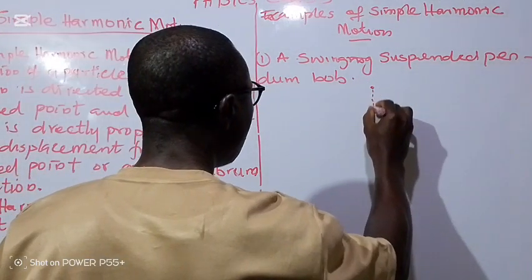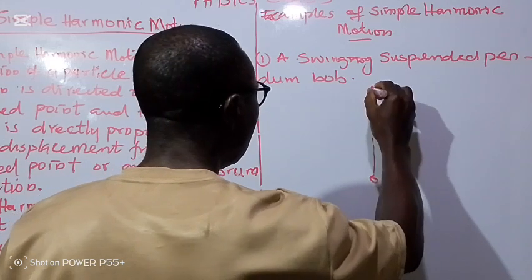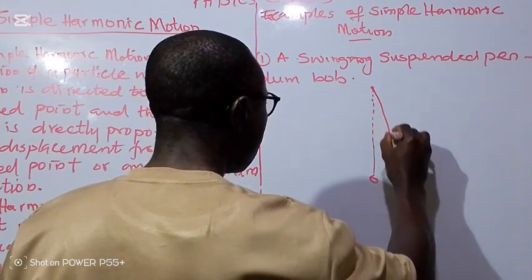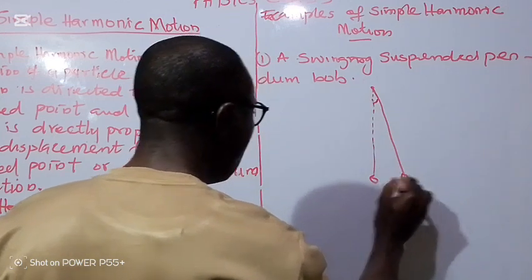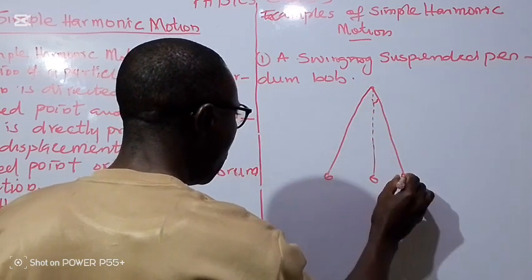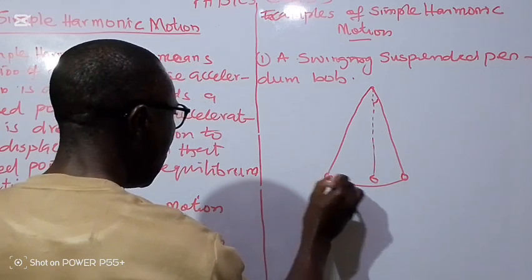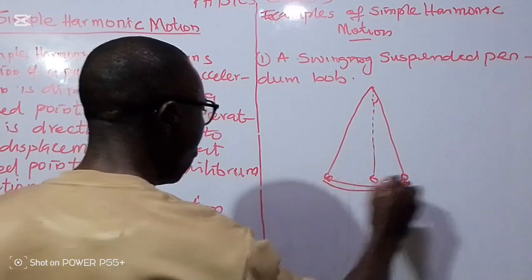It will have an equilibrium position like this. Then, when you displace it with a little angle, it will move to and fro from the equilibrium position, like this, to and fro like this.